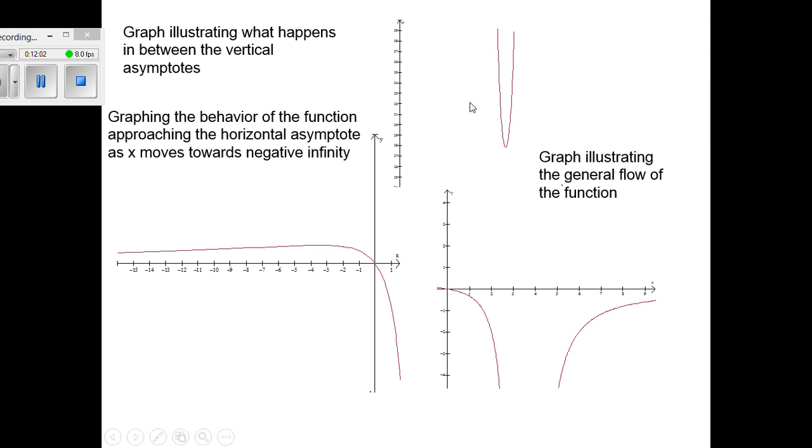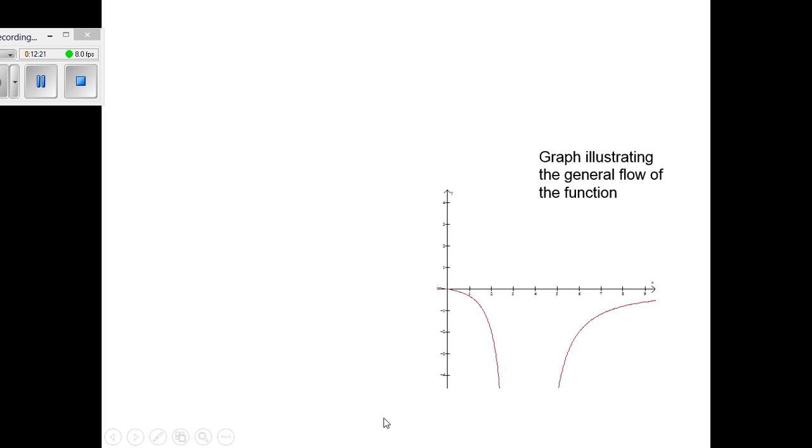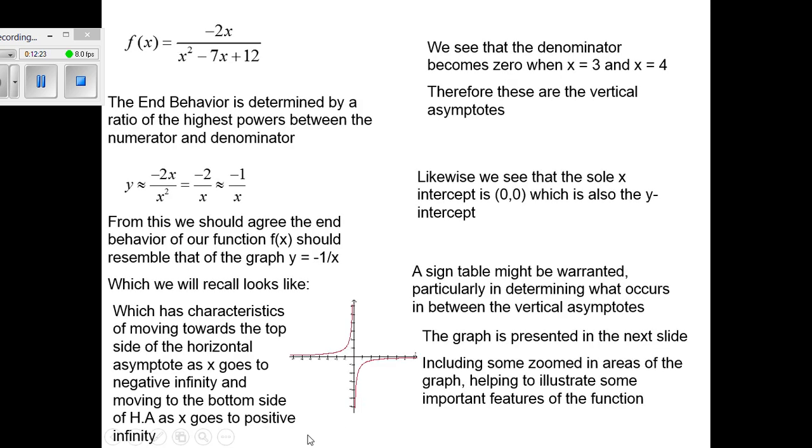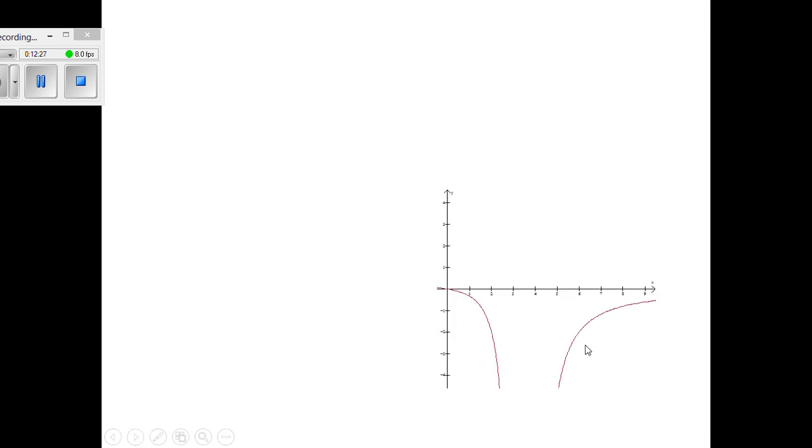So in between the asymptotes, we've got this kind of region. Here's the graph. Here's my asymptotes. If you recall, the asymptotes are at 3 and 4.